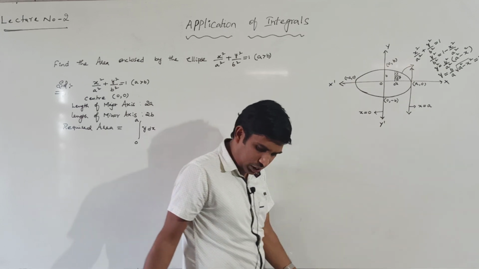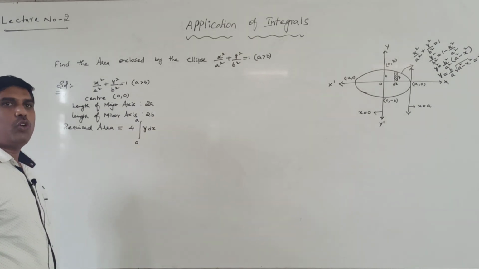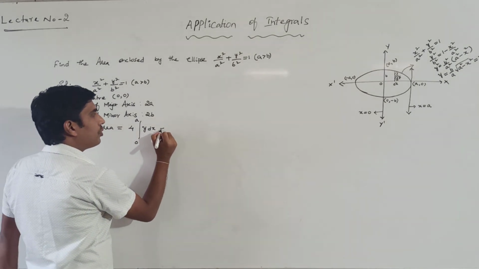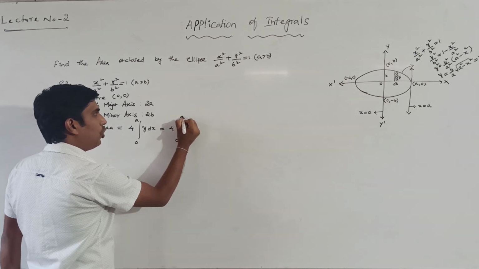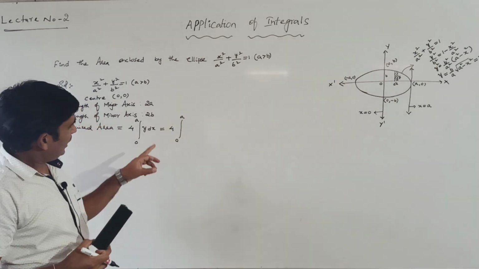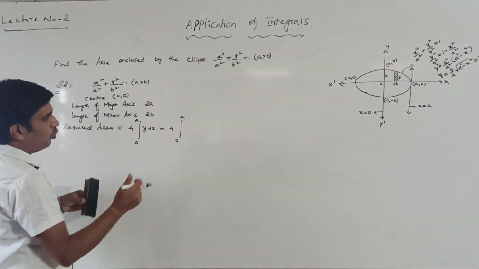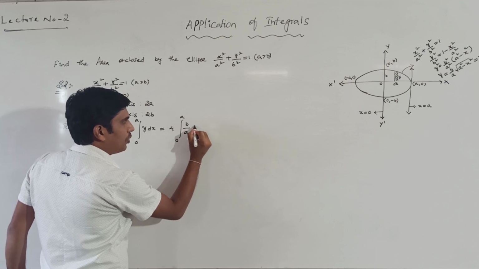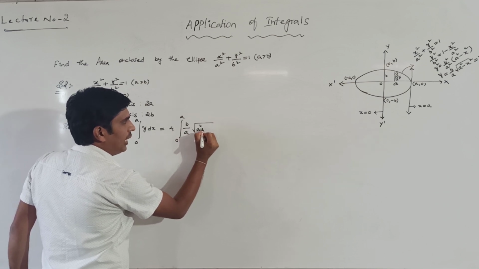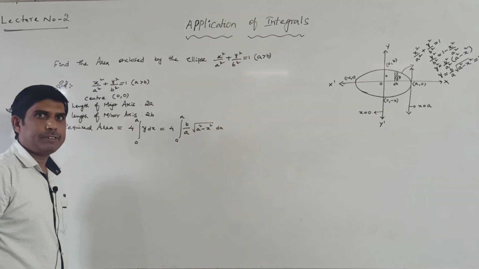Then what do we have to do? Nothing but multiply this one with 4. So now 4 integral 0 to a, what is the y value? There we simplified in the equation. Observe there, y is equal to, what will we get? b by a root over a square minus x square dx.